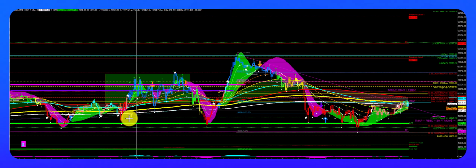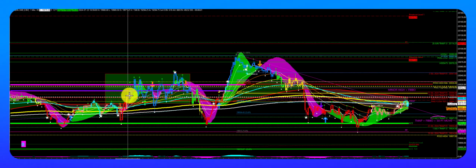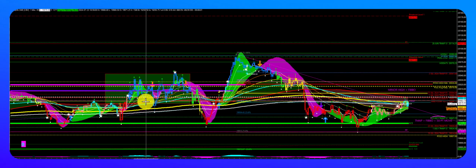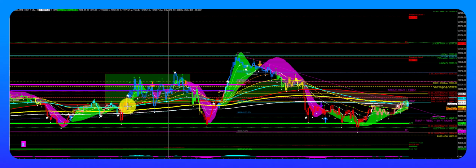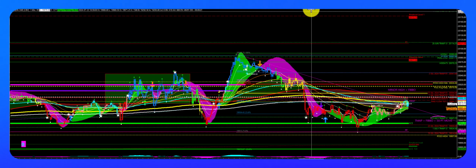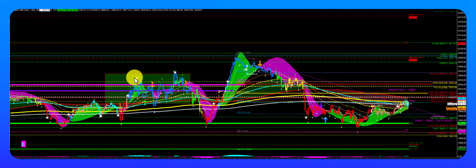Okay. 1, 2, 3, 4, 5, 6, 7, 8, 9, 10, 11, 12, 13 different cycles, high to low, high to low. What does that range look like?